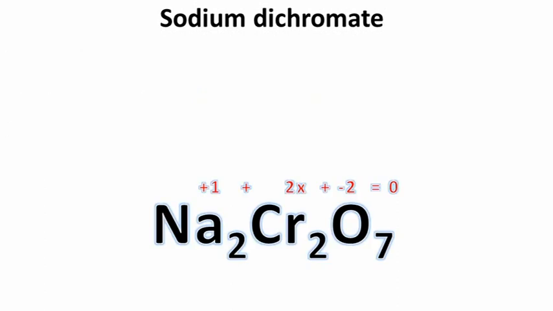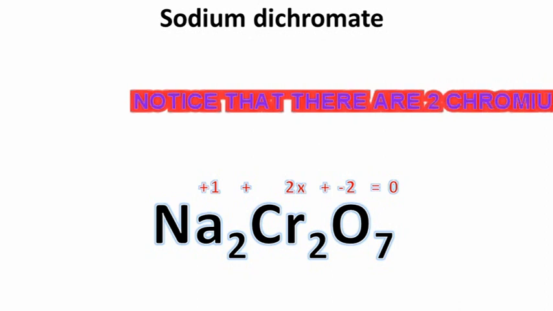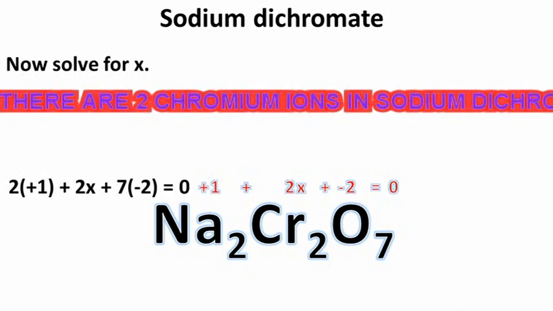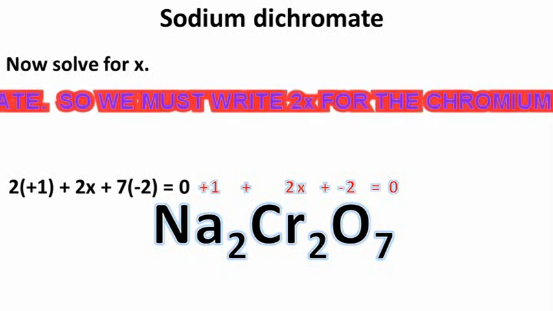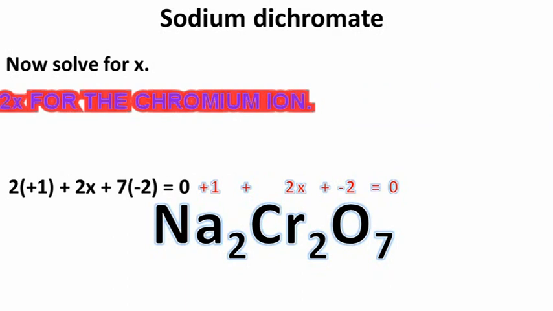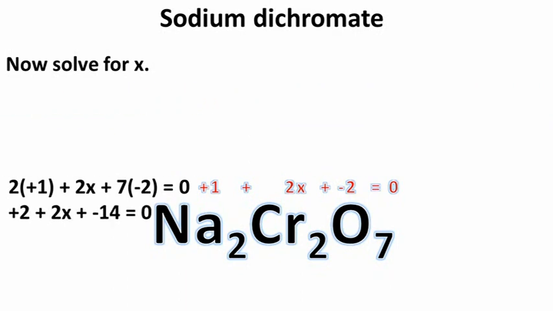Now for sodium dichromate. First, write the known oxidation states, where again sodium will be plus 1 and oxygen will be minus 2. Now solve for x. 2 times plus 1 plus 2x plus 7 times minus 2 is equal to 0. And plus 2 plus 2x plus minus 14 is equal to 0. 2x plus minus 12 is equal to 0.